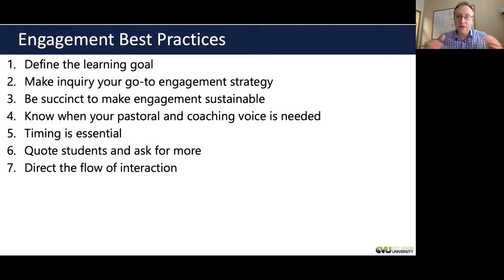Their conversations are not just staying between you and them, but you're showing them how to interrelate with each other. I find that very few instructors do this, and it can really add a dynamic and a lot of back and forth to online conversations, which can tend to be just post and leave. So direct that flow of interaction.